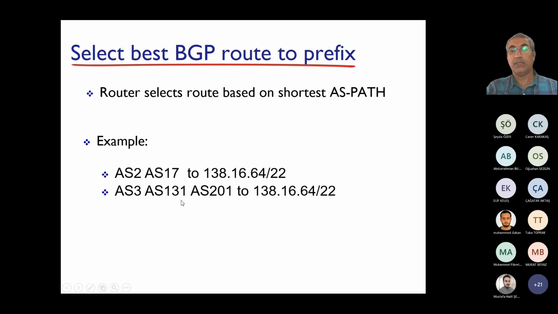The second is AS3, AS131, AS201, and the same subnet. The difference is that this route is going to pass through 2 ASes. In this case, it is going to pass through 3 different ASes. So I should select which one? The shortest AS path, which has 2 ASes.